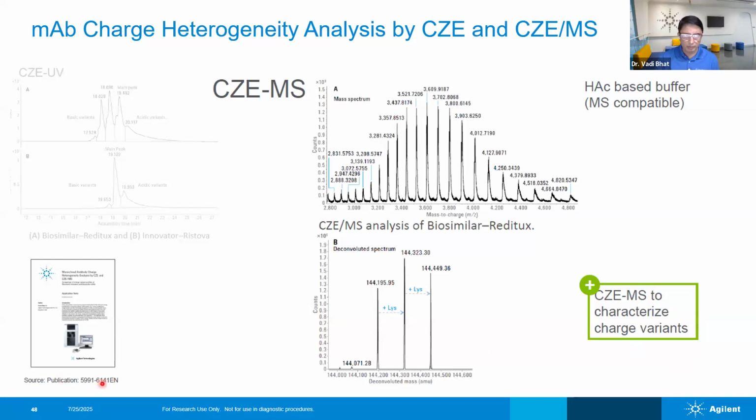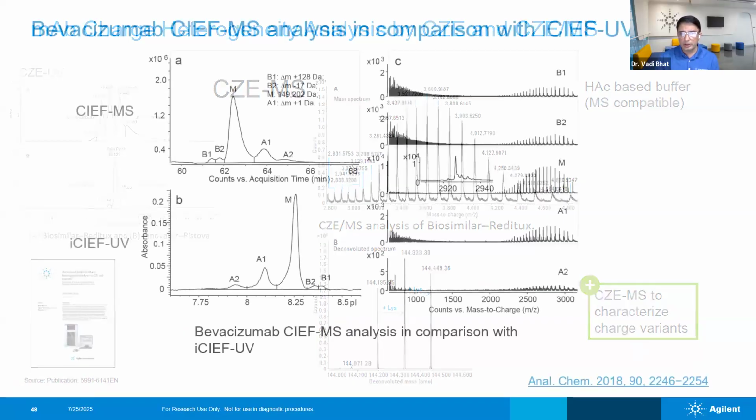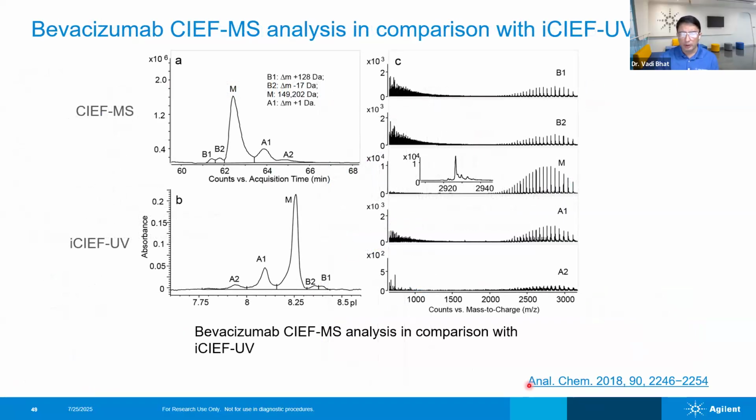Again, an application is published on this one. You can look into that. There are a lot more publications, and this is a publication done a few years back, where many molecules are analyzed, showing how CIEF and ICIEF look. This is just a good example of CIEF and ICIEF of bevacizumab.